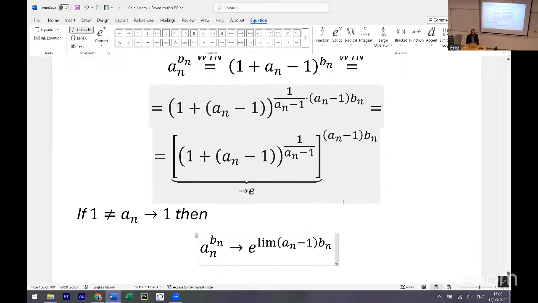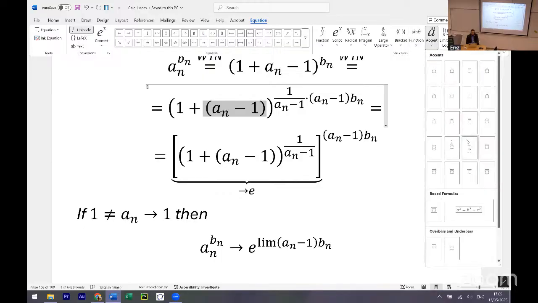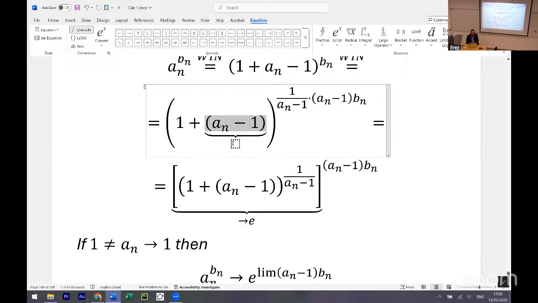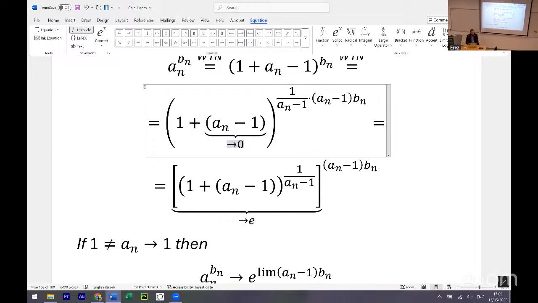Why is it only when an is tending to 1? Because here we use that this is 0. The rule is 1 plus 0 in the power of the inverse of the 0, which is infinity or minus infinity. Then we have the rule about the e.